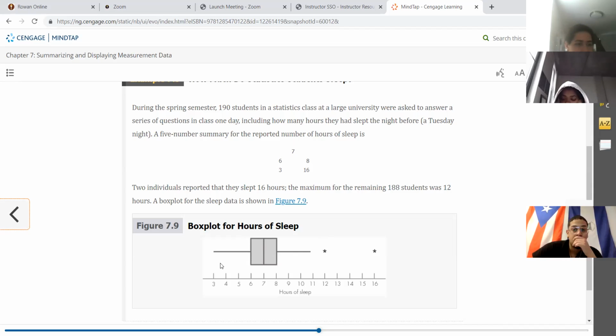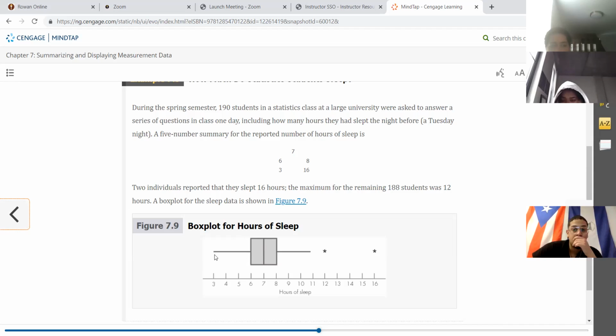Now, this box plot is horizontal, but you can have them go vertically also. So just know if you see this vertical, then the lower part of the box plot is the smaller numbers, and the higher is the bigger numbers. In this case, because it's displayed horizontally, the lower numbers are to the left, bigger numbers to the right.